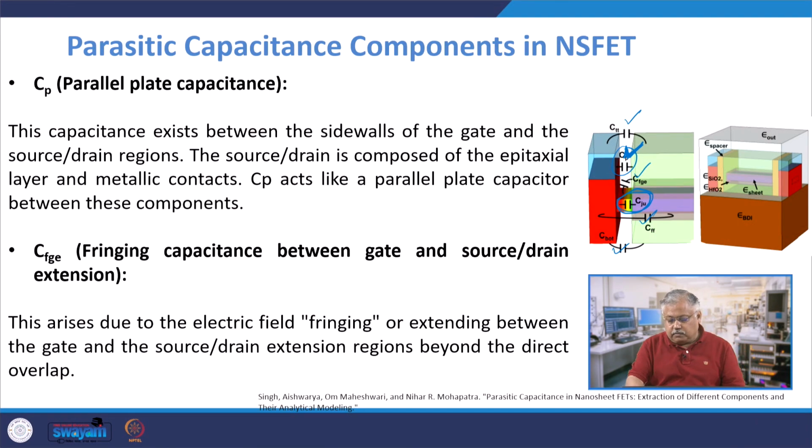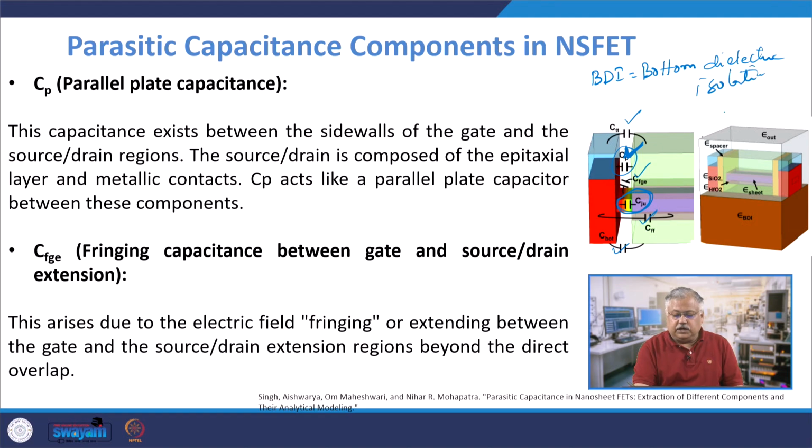This is the C bottom, bottom to bottom, and if you look very carefully, C bottom to bottom goes via BDI. BDI is the bottom dielectric isolation which you provide.